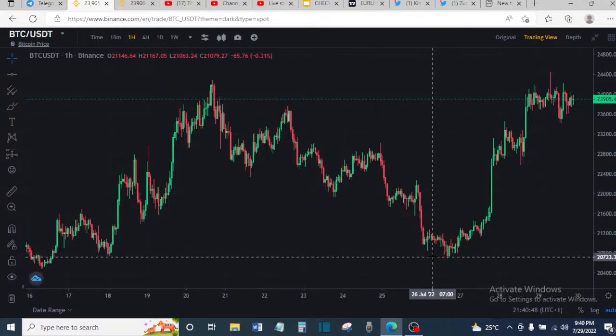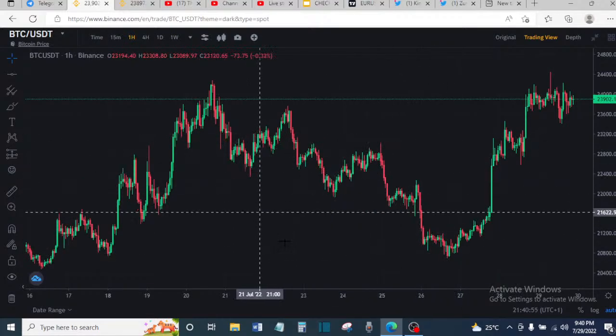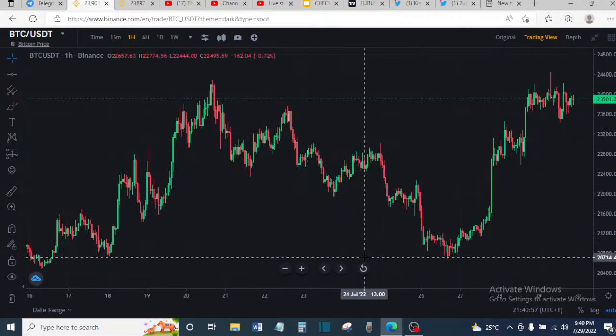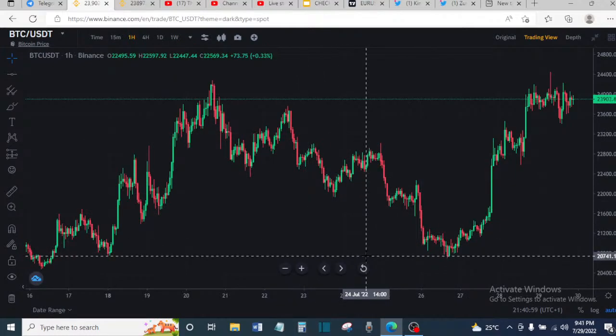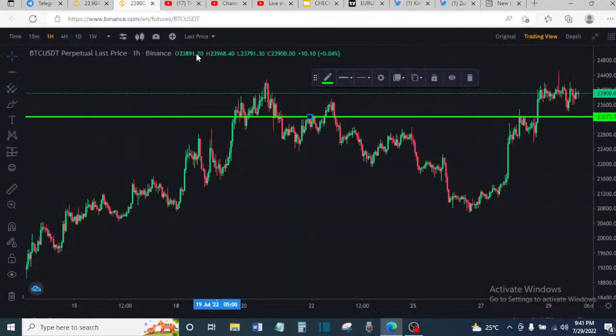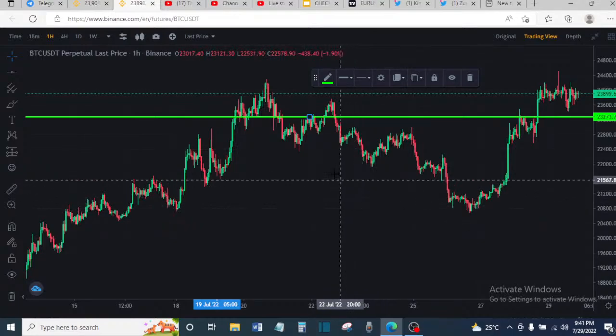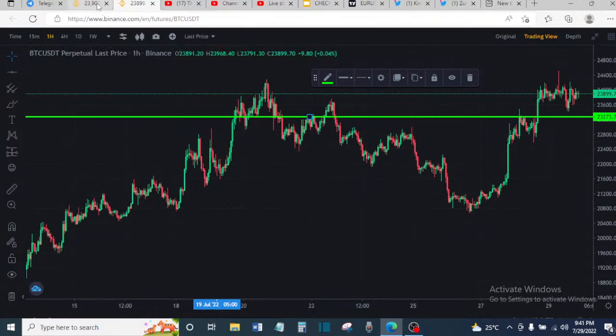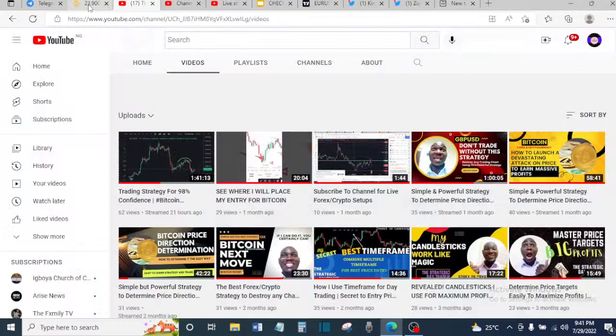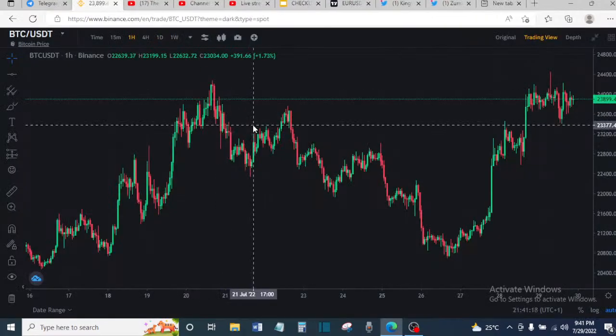The stops to which price goes are different, so I'm trying to compare to see if there is any major difference, because those things are also important. All right, let's use the spot.